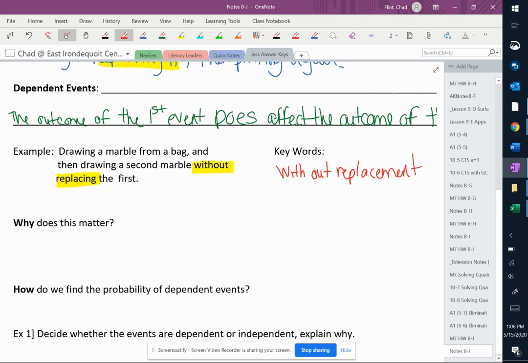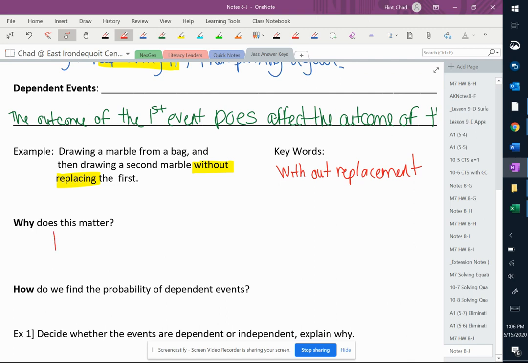And why does this matter? Well, think about it. If I pick something out of a bag that has 10 things in it, and then I go in and I pick another thing, but I haven't replaced that first one, does that bag of marbles still have 10 in it? And the answer to that is no, it has 9 because there's one in my hand. So that's why it matters with dependent events.